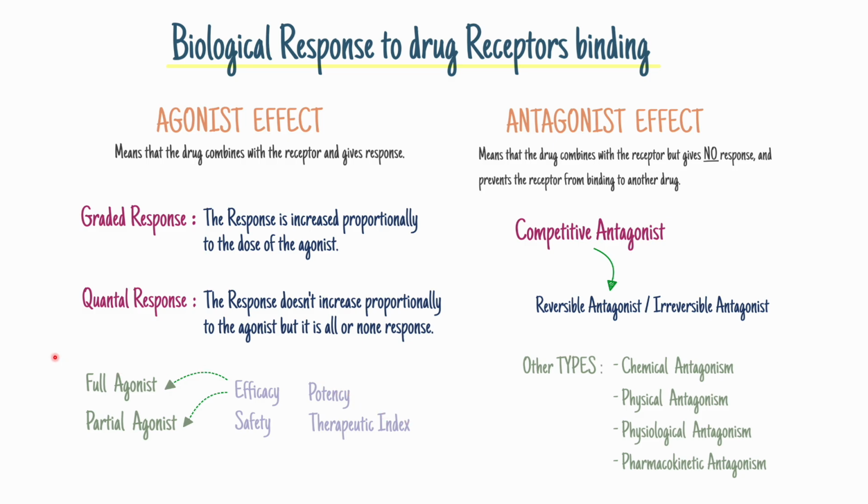Whereas quantal response, as its name suggests, is based on quantity, and I'll explain how it happens. In quantal response, the main idea is all or none. Either this drug at that concentration will have an effect, or it doesn't have an effect at all. For example, you have arrhythmia.